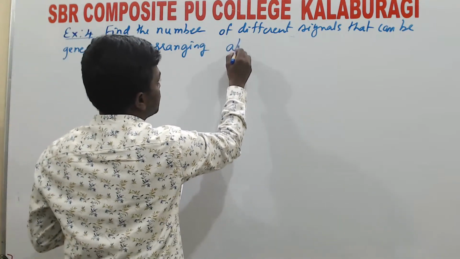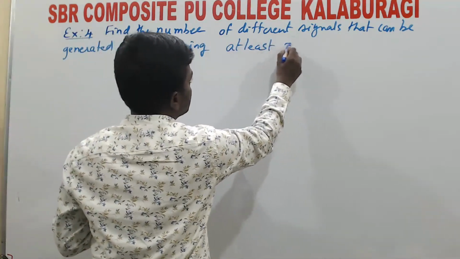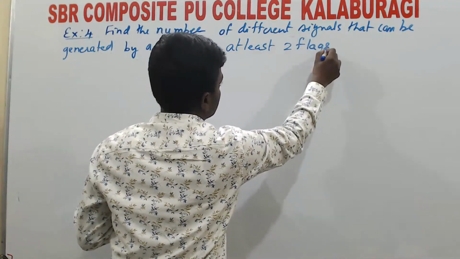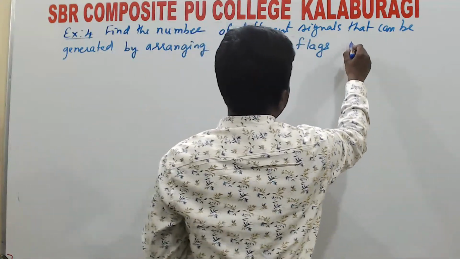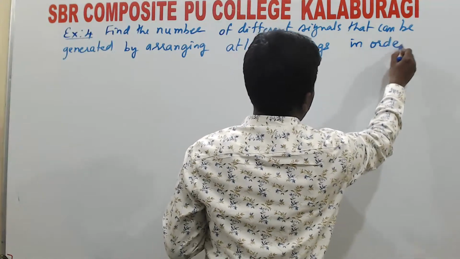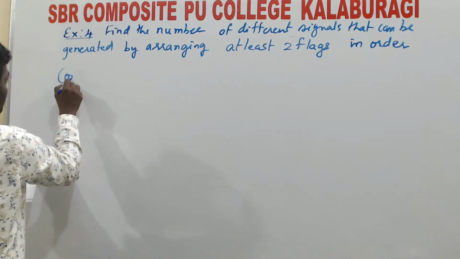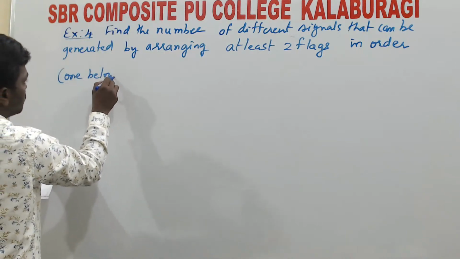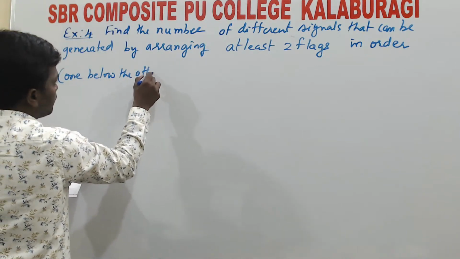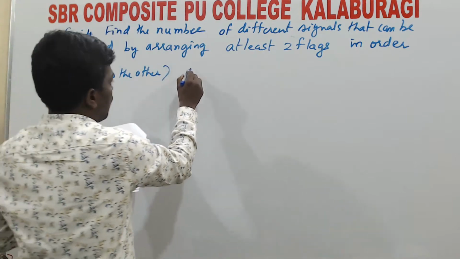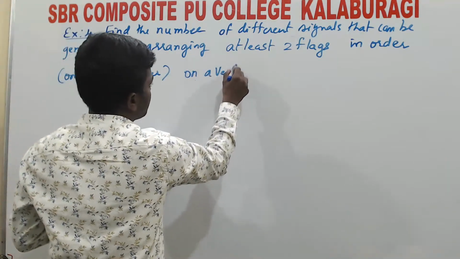arranging at least, okay, at least two flags in order, and that order is one below the other on a vertical staff.